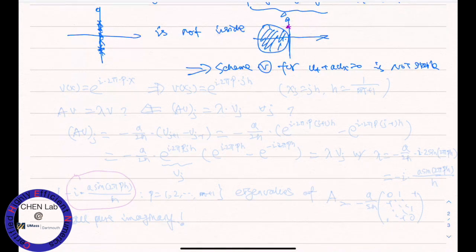Of course, assuming you forget about that little linear algebra theorem, you don't know the eigenvalues are purely imaginary. Then, similar to what we did for the elliptic case, we can actually derive the eigenvalues. That's what we're going to do next.